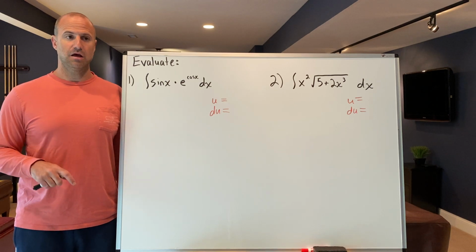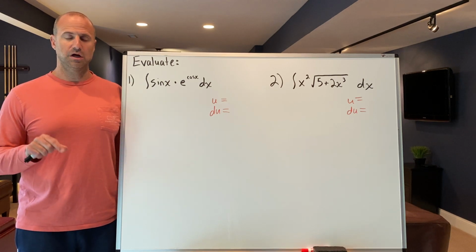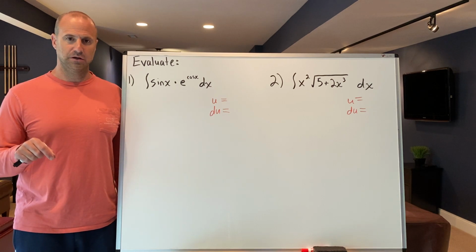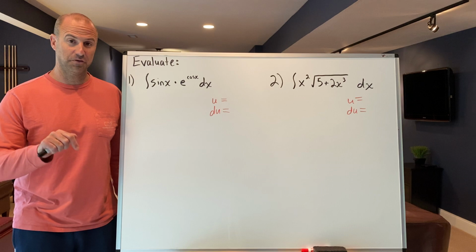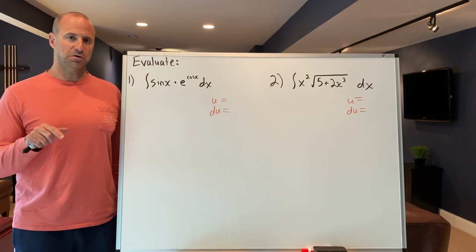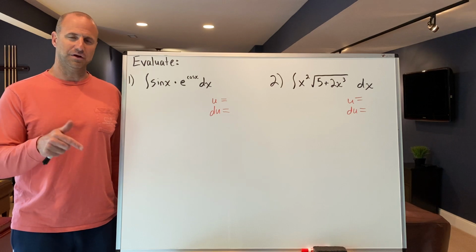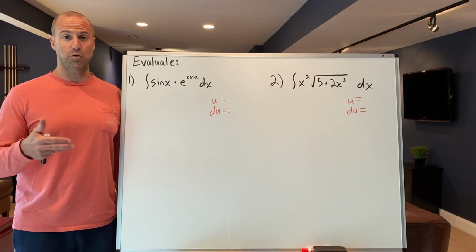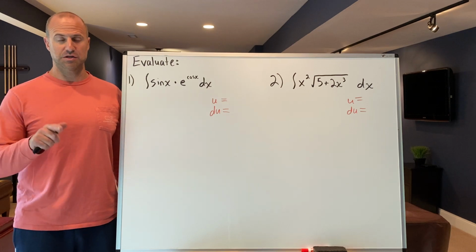I'll say that again. Whatever you pick for U, you want to try to pick something that is the inside function of a composition. But here's the other part. Whatever you pick for U, you also want to see some form of its derivative elsewhere in the problem.